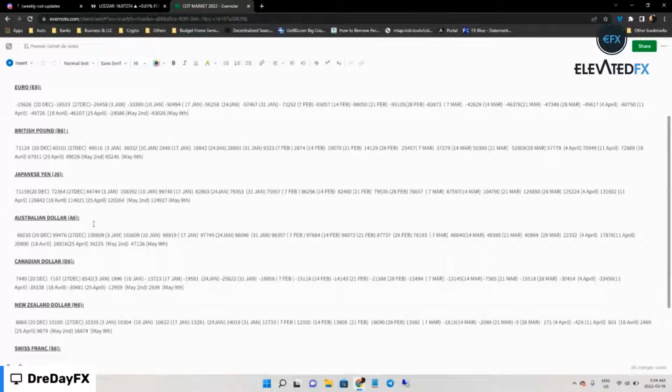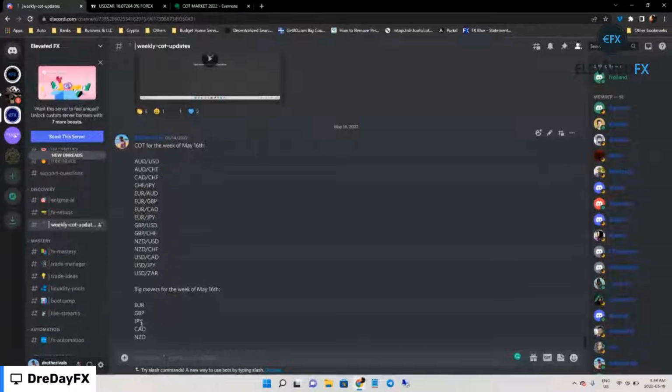Those are the four biggest movers here overall. And as you can see, those pairs are exactly what I put here as big movers. But the biggest ones are euro, you have the CAD, you have the British pound, and after that you have the yen.